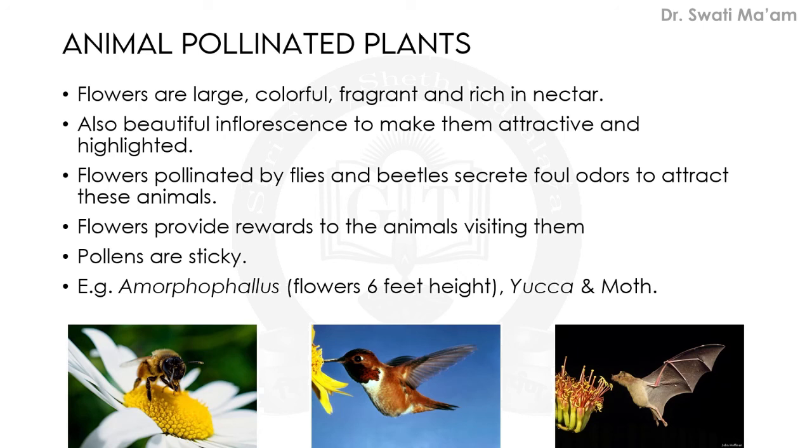So both are dependent upon each other. Even the larvae of the moth come out of the egg as the seeds start developing. So this is a wonderful combination and a symbiotic association, as we call it in biological terms. So it is a good symbiotic association example.